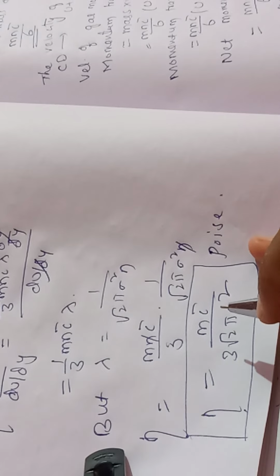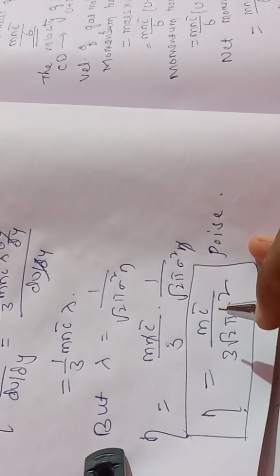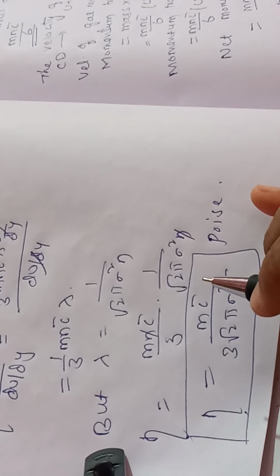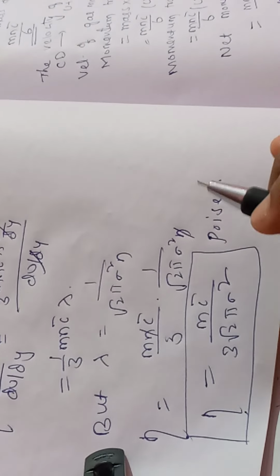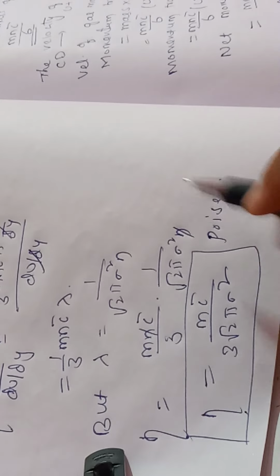So the momentum transfer between the layers of gas gives rise to the property of viscosity. The momentum transfer is taking place only because some layers have higher velocity and some layers have lower velocity. In order to attain equilibrium, all layers must have the same velocity.